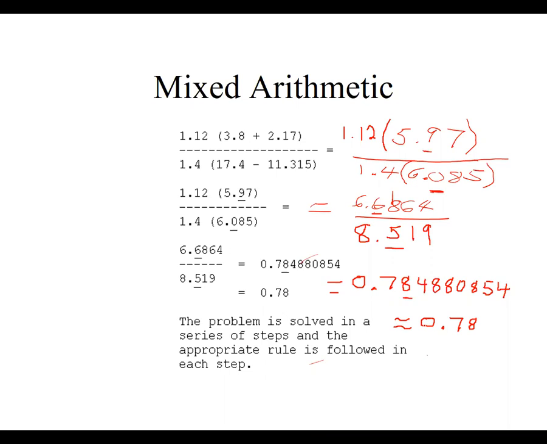And it may well be, I haven't tried this one, so I don't know, or if I did try it, it's been a long time ago and I've forgotten, that if you round off every intermediate answer, if you had multiplied the 1.12 by 6.0 instead of 5.97, if you multiplied the 1.4 by 6.1 instead of 6.085, and if you divided 6.7 by 8.5, you might still have gotten 0.78.